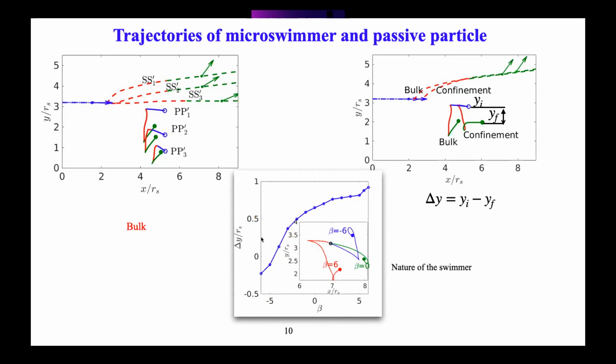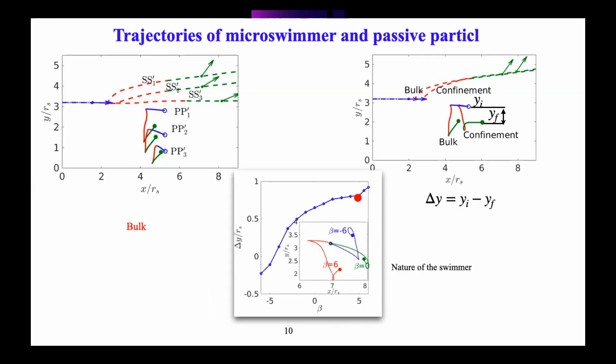This plot here shows delta y as a function of beta. For strong pushers, we see that delta y is negative, and with an increase in beta, delta y also increases. We see positive delta y for neutral swimmers as well as for pullers, and the maximum delta y is observed for the strongest pullers.